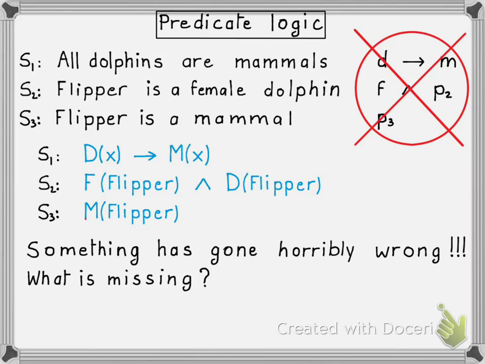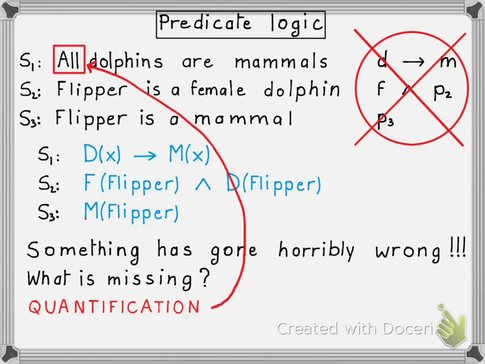That's a pretty tough question, and that will be the topic of the next lecture. What's missing is called quantification. And one particular example of quantification is the use of the word all.